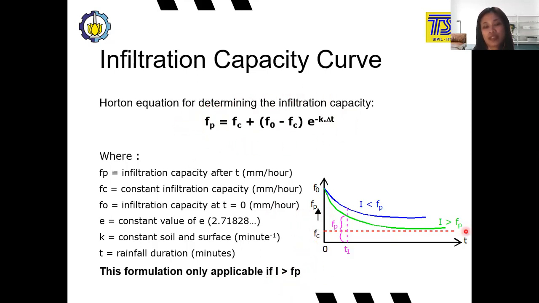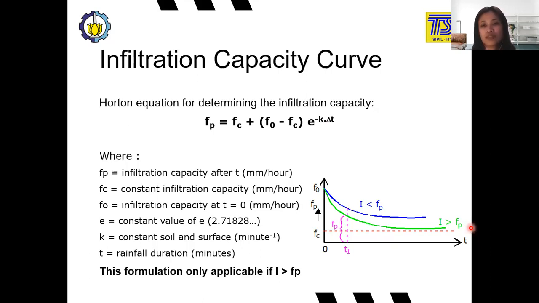If the rainfall is bigger than fp, of course, some of the rainfall will be absorbed into the soil, and some of the rainfall will go above the soil into the surface runoff.